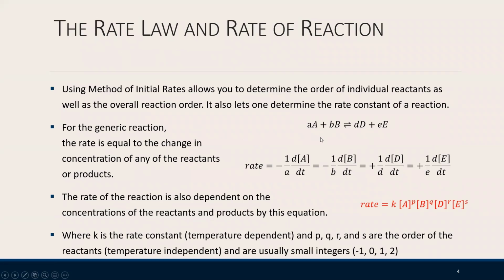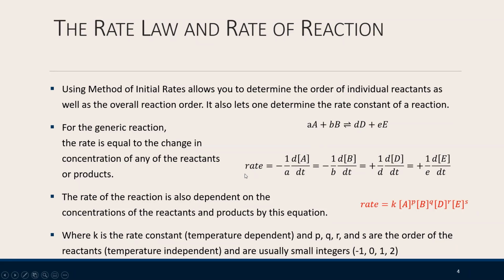So let's look at a generic reaction. I have aA plus bB generating dD plus eE. The definition of the rate involves a coefficient depending on the coefficient of the equation. So here it will be 1 over a, d[A]/dt, and there's a minus sign in front because this is a reactant. The concentration of the reactant is going to decrease over time, so d[A]/dt is a negative number.